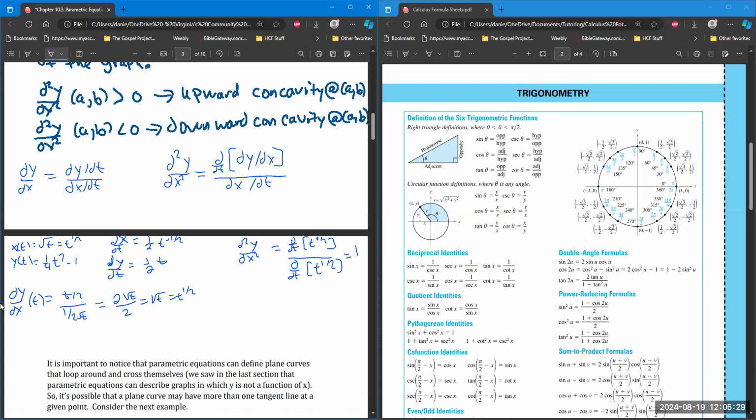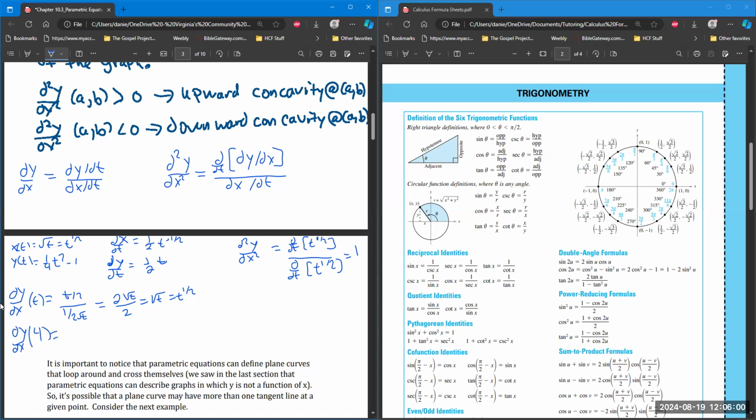This should be 1, because this equation for dy/dx came out to be the same thing as x. So let's go ahead and figure out dy/dx at the point here where t is equal to 4.